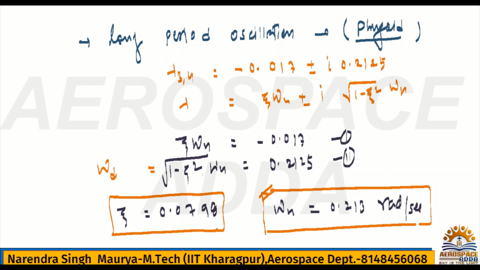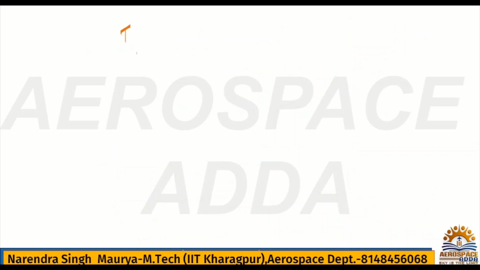All right, coming to the next, you have to calculate the time period for the phugoid. The same formula, just like the short period oscillation: 2 pi t cap divided by the imaginary part.